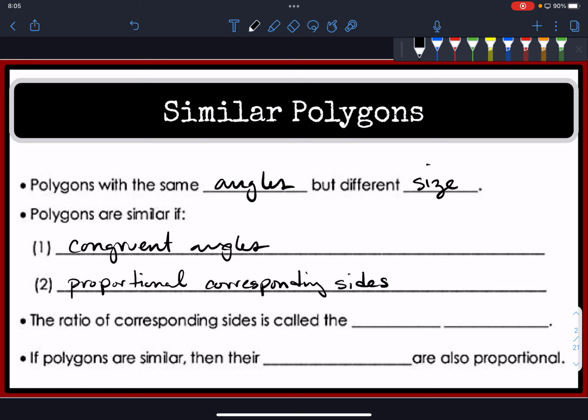Now this ratio that corresponds to the sides is called the scale factor. This is indicating how much bigger or smaller one polygon is to the other.